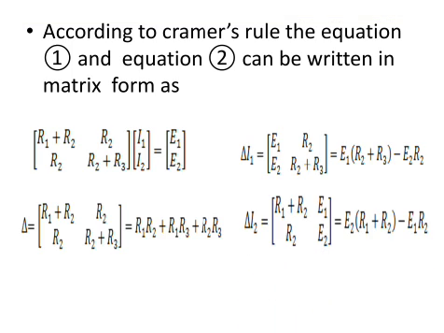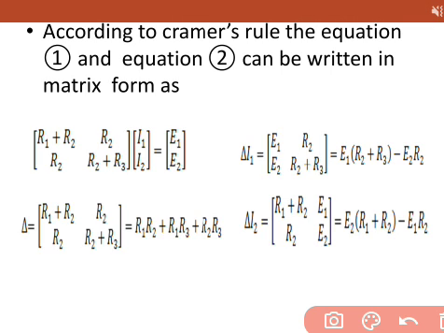And next, let delta I2 be the determinant of the matrix formed by replacing the second column values of the coefficient matrix with the answer column values. That means the second column values are replaced with the answer column values, E1 and E2.